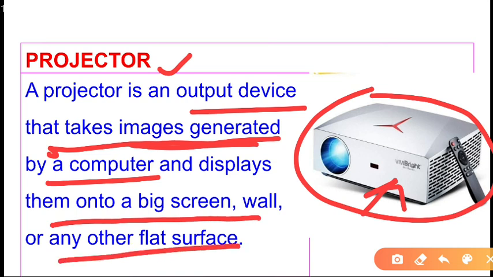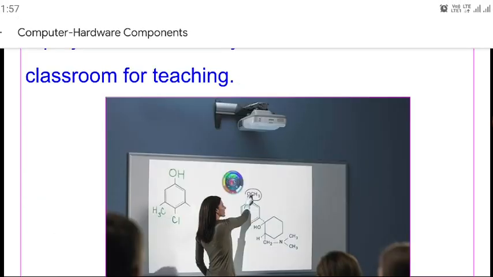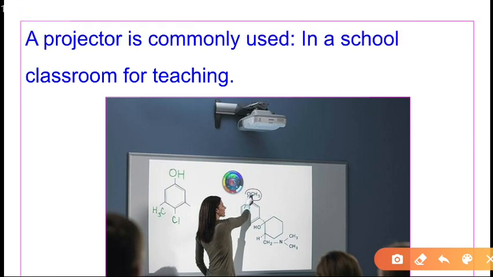You might have seen me using this. Last year when I taught you, I used projectors to teach you in the school. A projector is commonly used in a school classroom for teaching.